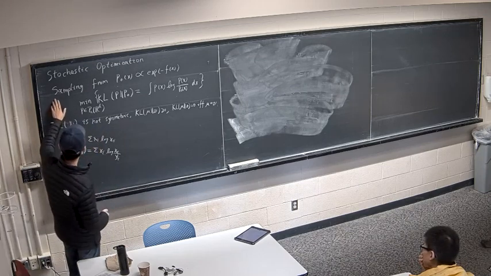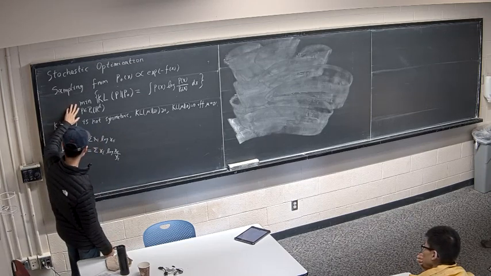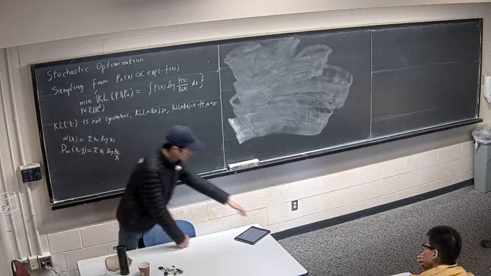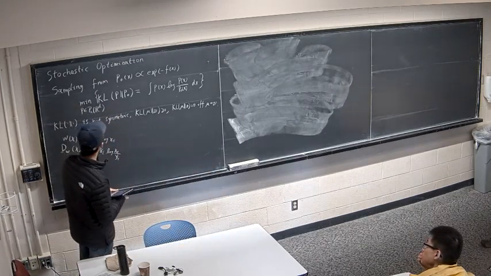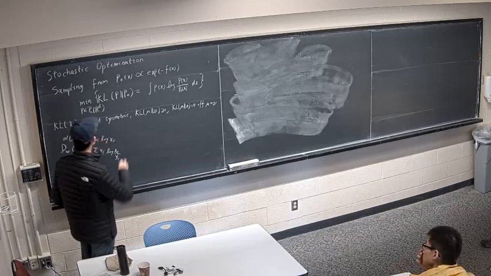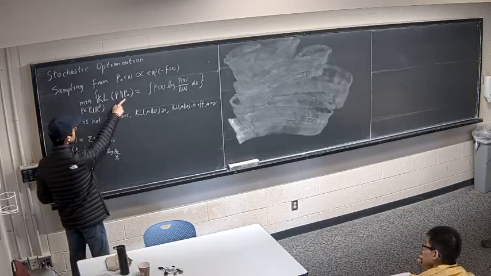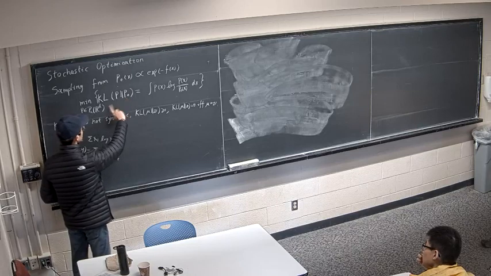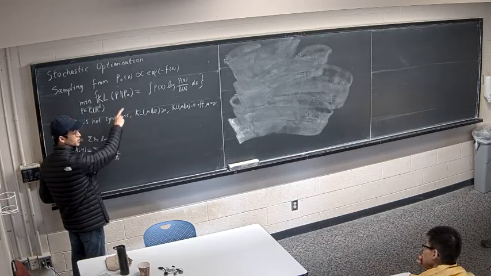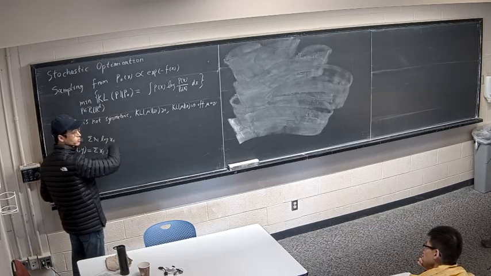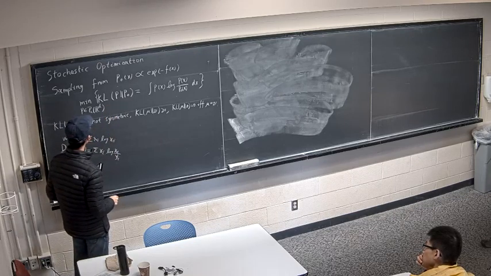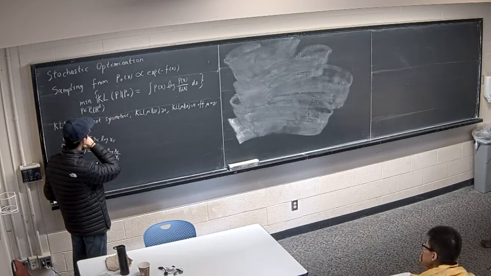So we can rewrite this sampling problem as an optimization problem. And we can even further simplify this expression by parameterizing the distribution. Because here, P and P0, they are not parameterized at all. You have an infinite dimensional object. You are minimizing an infinite dimensional function. Usually we just minimize in a finite dimension, right?